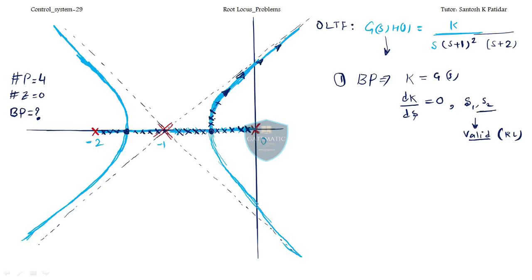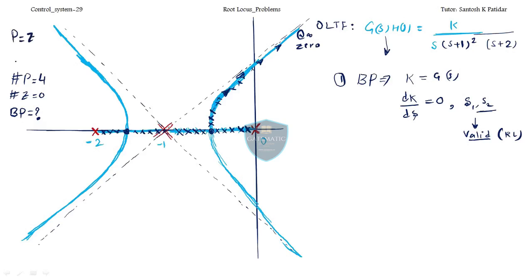So the zeros for this particular pole are waiting at infinity. Here it's zeros, and you know very well I don't have any zero in the system. So the number of zeros equals the number of poles, because this is the must condition for root locus.